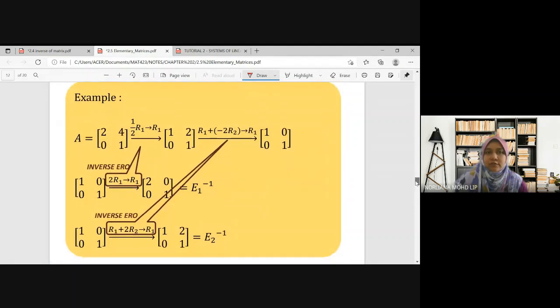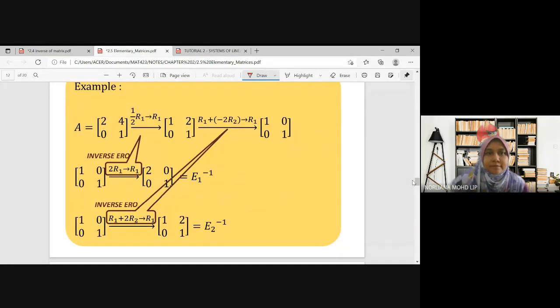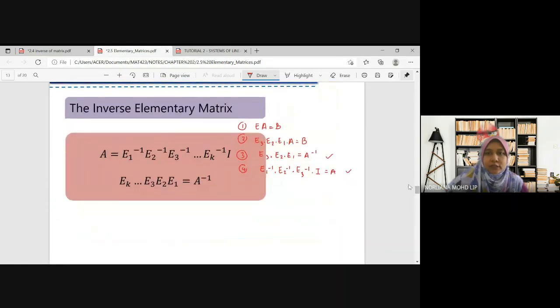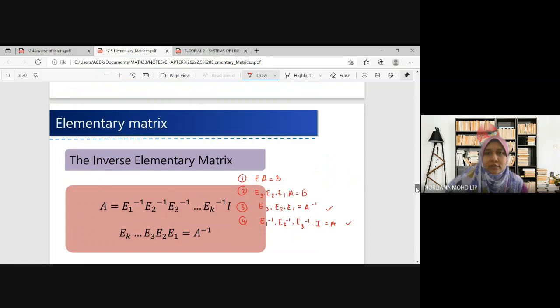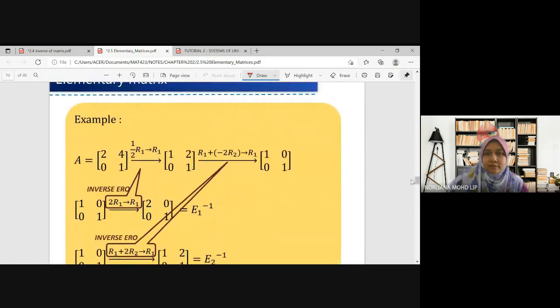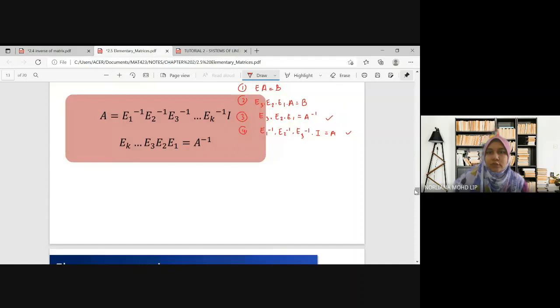Contoh dia yang ni lah. Ni dia nak proof teorem yang tadi, yang keempat ni: inverse of matrix times identity is equal to A. Tadi E1 inverse times E2 inverse times identity is equal to A. Dia nak proof untuk teorem yang keempat tadi.